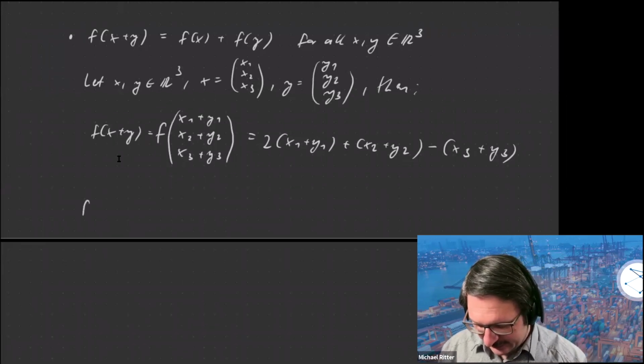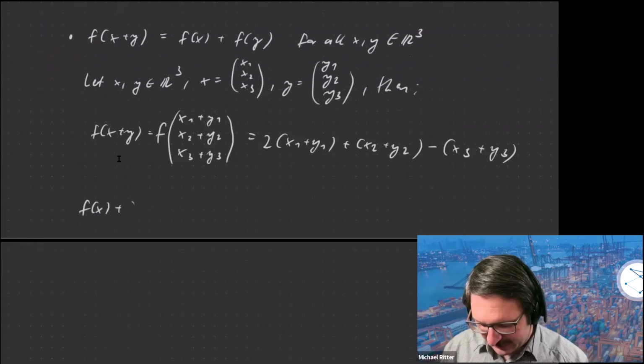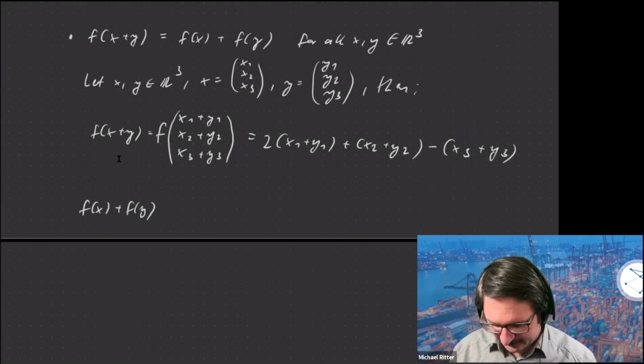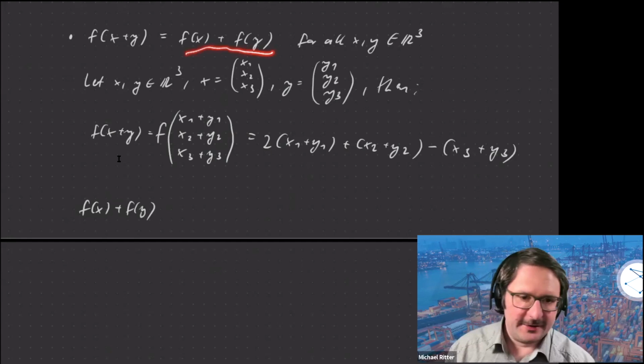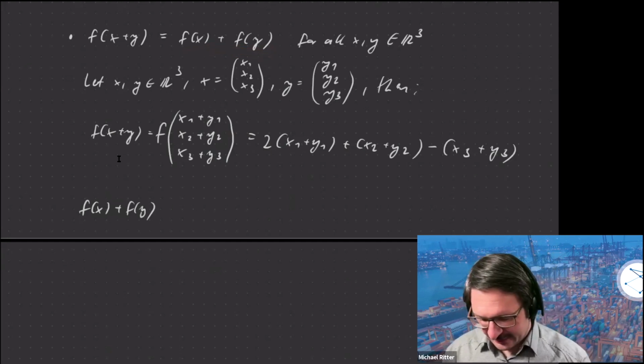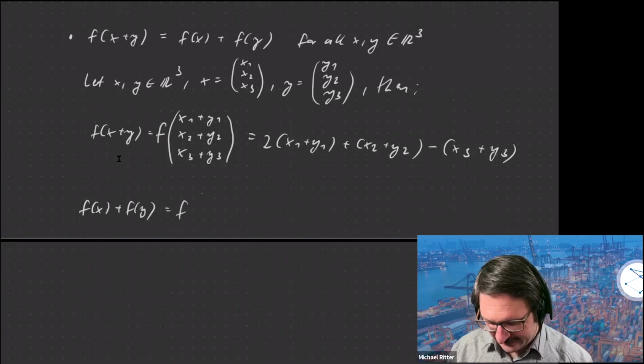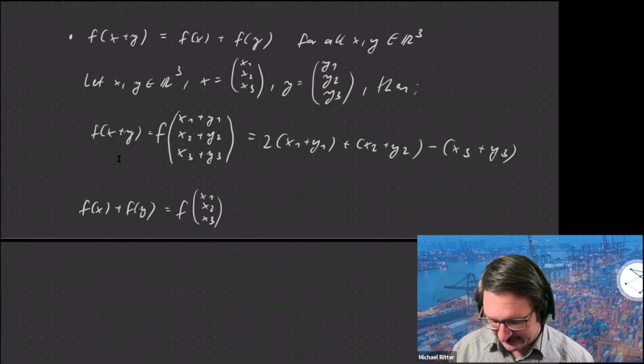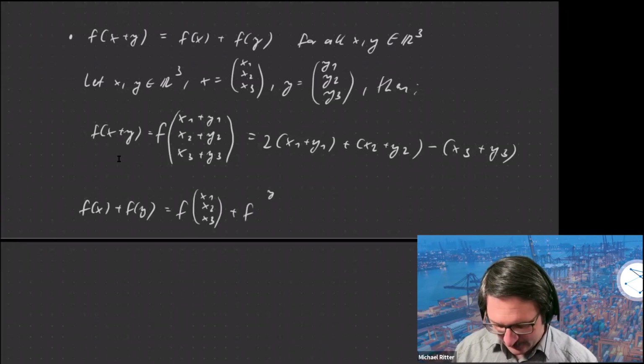And now let's have a look at f of x plus f of y, this right-hand side here, to see whether that yields the same result. So what we do now is we first apply f to the vectors x1, x2, x3 and y1, y2, y3.